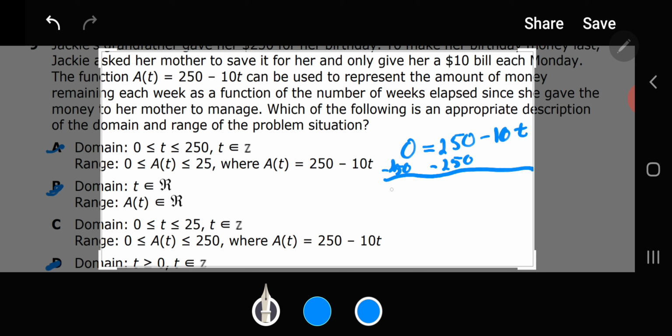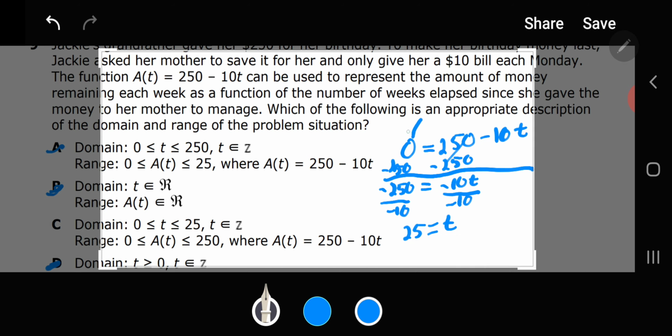So we have 0 minus 250, so negative 250 equals negative 10t. Get rid of that negative 10 by dividing it out. Well, negative divided by negative is a positive, and 250 divided by 10 is 25, so we got 25 equals t. So after 25 weeks, you'll have $0.